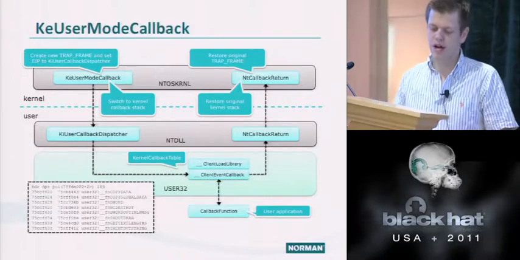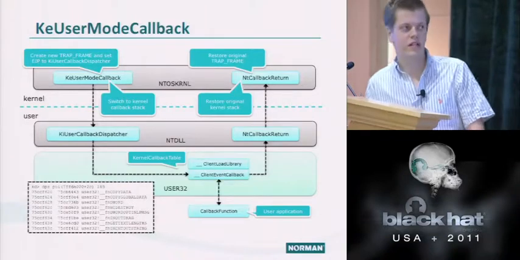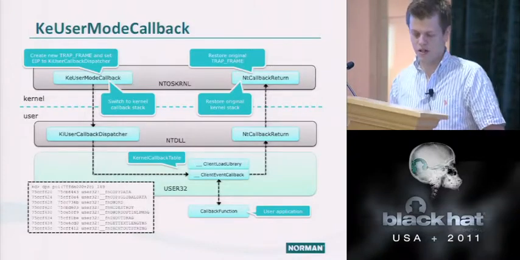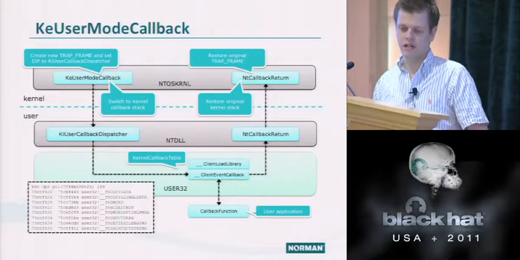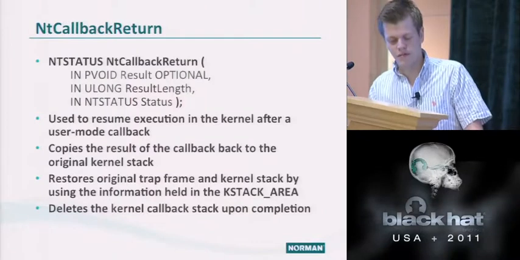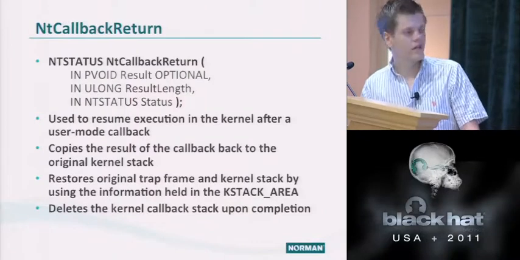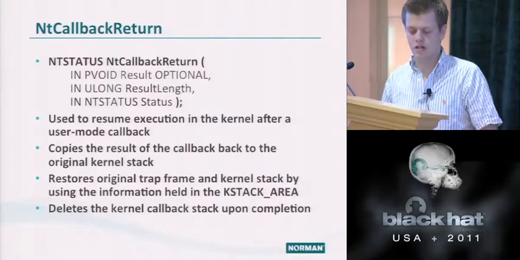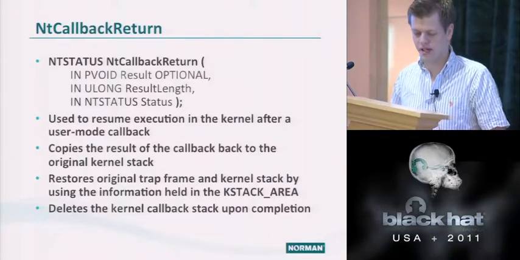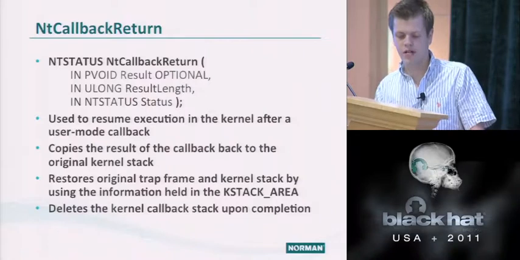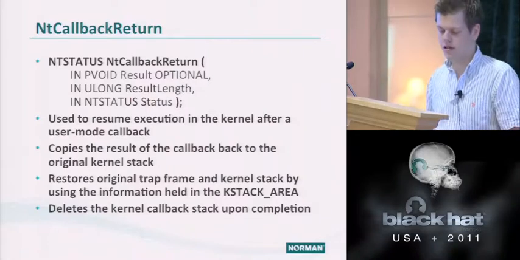And then you return back to where you left off in the kernel using NtCallbackReturn. This restores the original thread stack, cleans up, and continues where you left off. NtCallbackReturn is the function that returns. It also deletes the kernel callback stack upon completion, and copies the result back to the kernel thread stack.